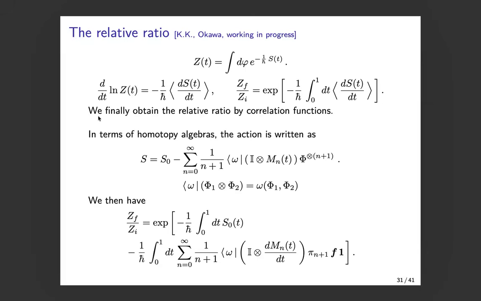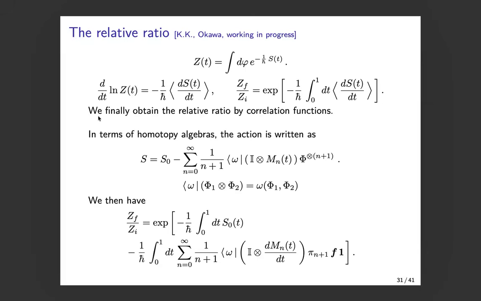So this is almost the same as in the previous slide. So this is the form of the action, and taking a derivative and substituting this into here, the correlator can be replaced from F1. Then we have this formula.